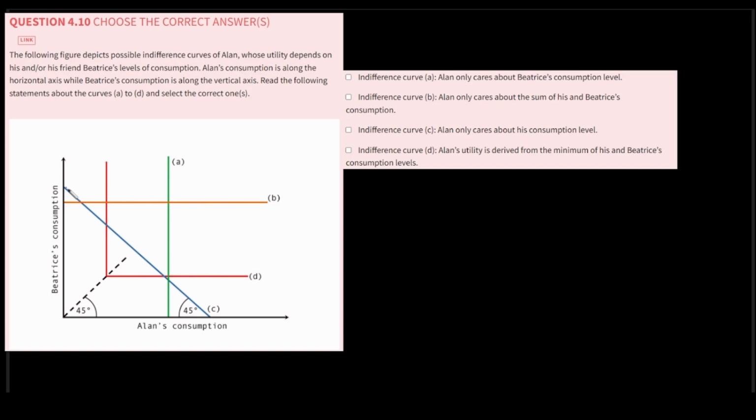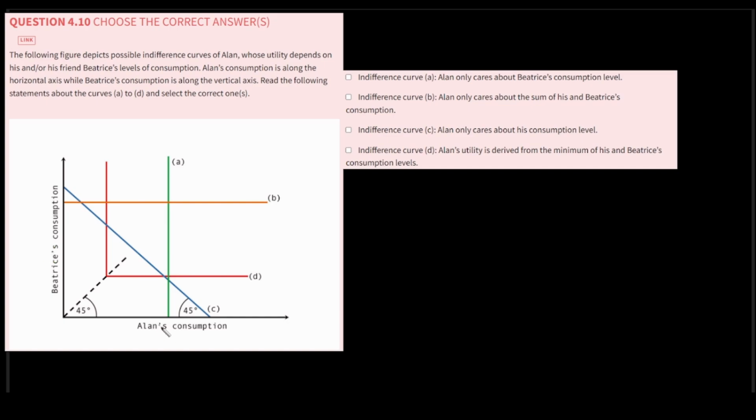What do we have for C? Here we're looking at the blue line. So in the case of C, we have a trade-off taking place here, right? This is an indifference curve, so we'd have some marginal rate of substitution, as in order to maintain Alan's happiness, Alan would be willing to forgo some of his own consumption if that meant Beatrice's consumption were to increase.